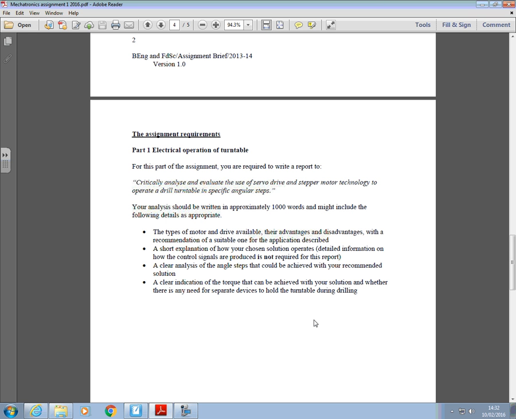Okay? There's a difference. A clear analysis of the angle steps that could be achieved with your recommended solution. What resolution in terms of angle, plus or minus 2 degrees, 3 degrees, half a degree, and so on.